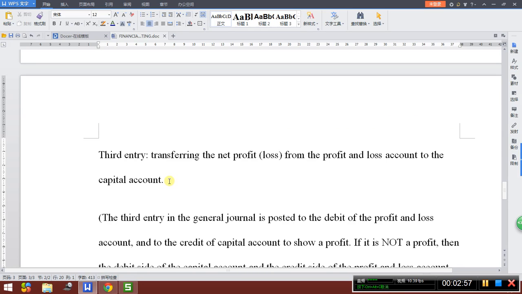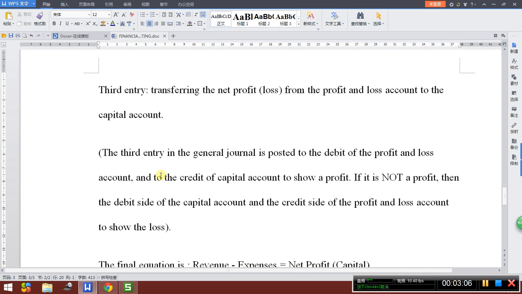That means the capital account receives the net profit. So this entry in the journal is posted to the debit of the profit and loss account and to the credit of the capital account to show a profit. If it's not a profit, it is the debit side of the capital account and the credit side of the profit and loss account to show the loss.